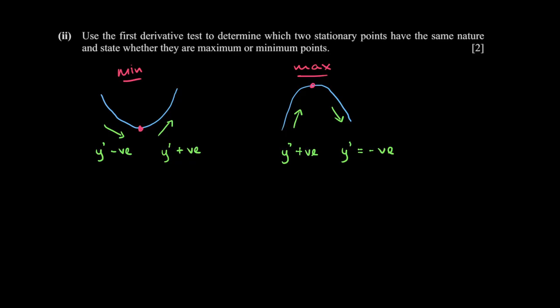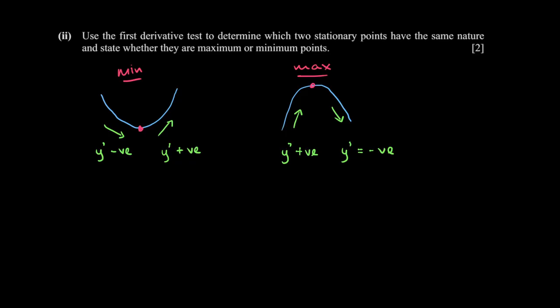If I know that I've got a stationary point, for example at x equal to 0, and I want to determine whether it's a minimum or a maximum, I could look to the left-hand side and the right-hand side and see what the gradients are. Is it going to go from negative to positive, in which case it's a minimum, or from positive to negative, in which case it's a maximum?